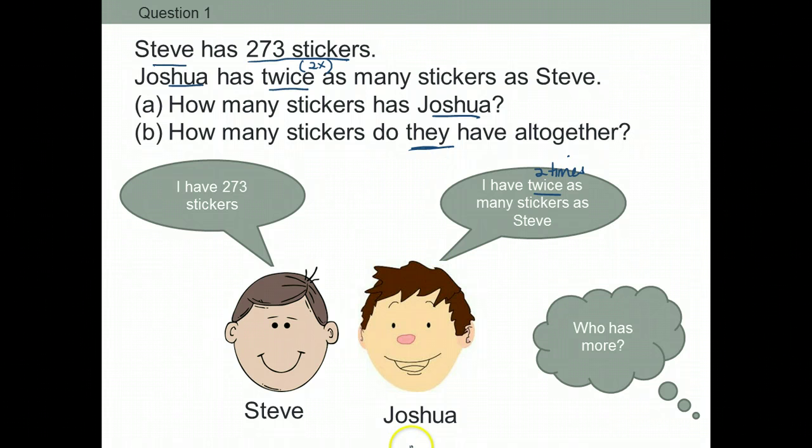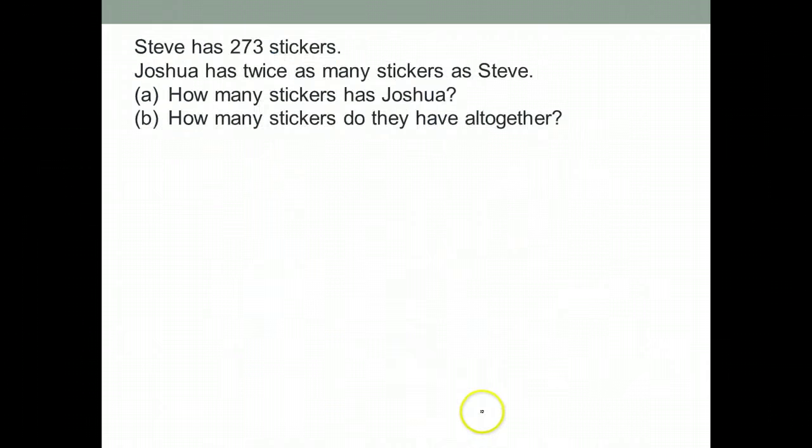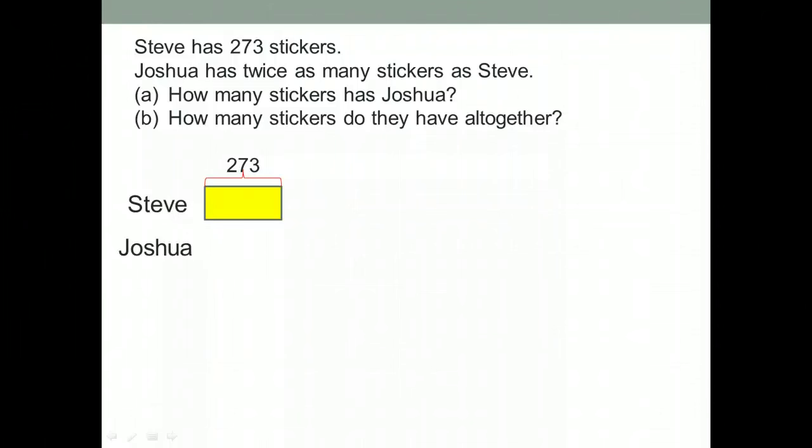Now, after we have understood, let's plan. We plan this question by drawing models because the word problem tells us that Joshua has twice as many stickers as Steve, which means it requires us to compare. So I have Steve and Joshua, and I know that Steve has 273 stickers.